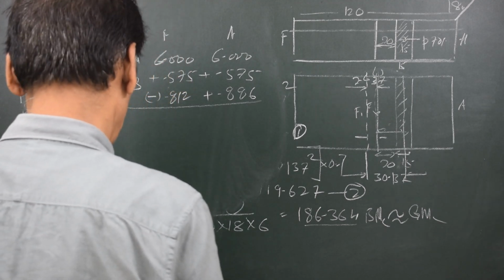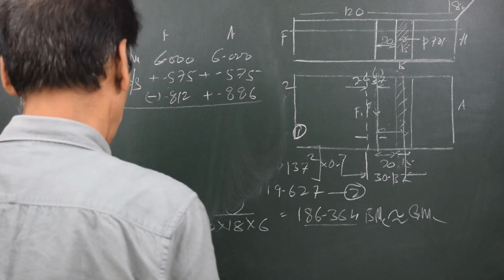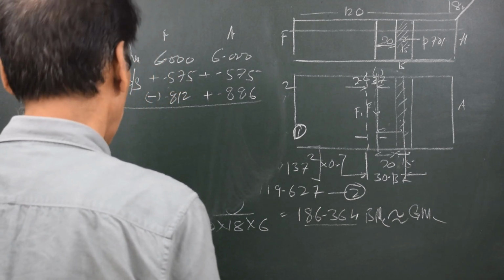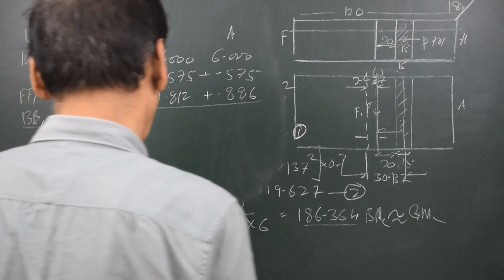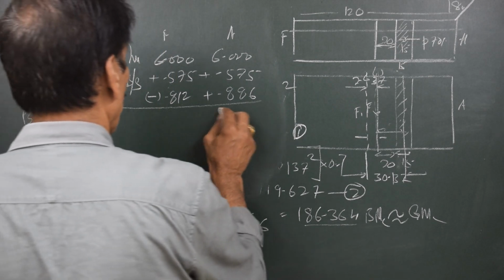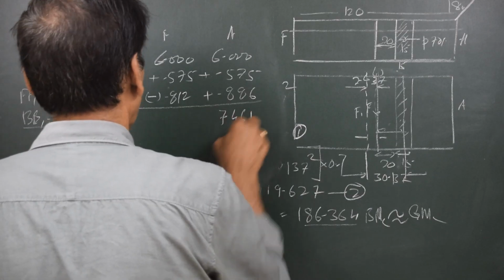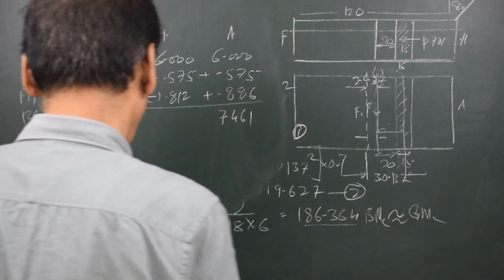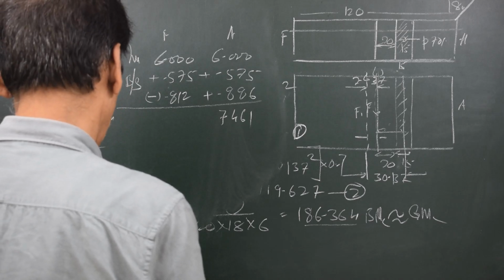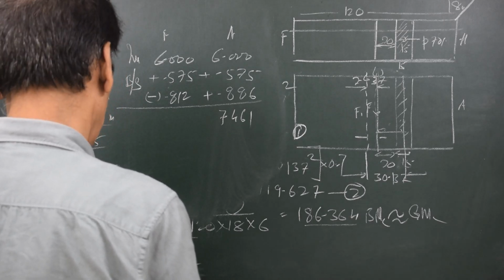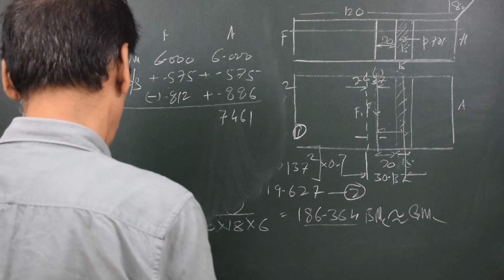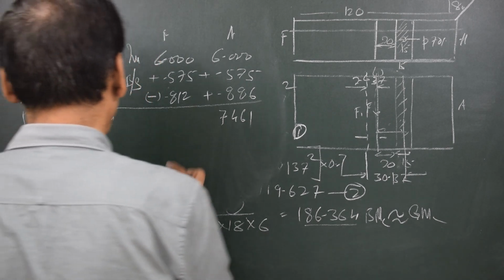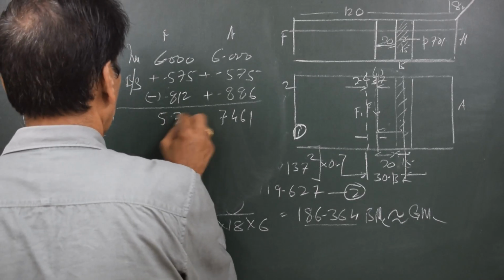So 6.575 plus 0.886 gives me 7.461, and here it is 6.575 minus 0.812 gives me 5.763.